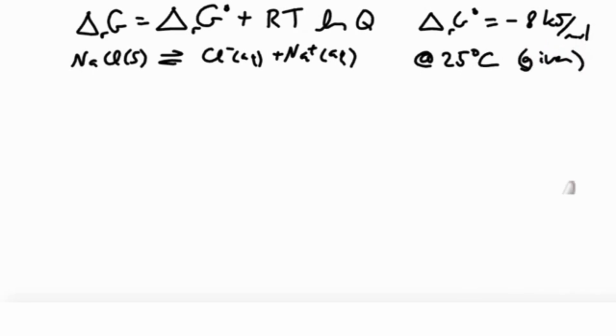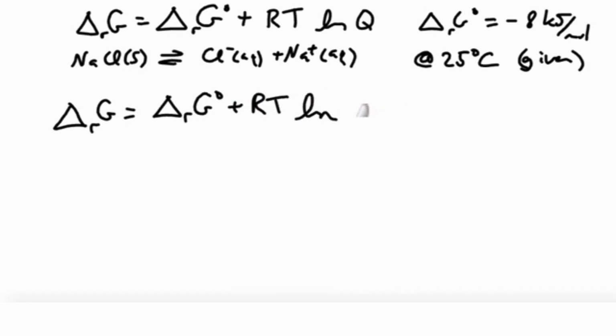Okay, so let's plug in our numbers here. So we say delta G is equal to delta G standard plus RT log of Q, and let's write our expression for Q.